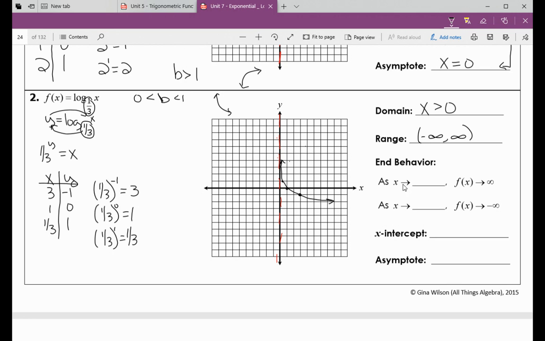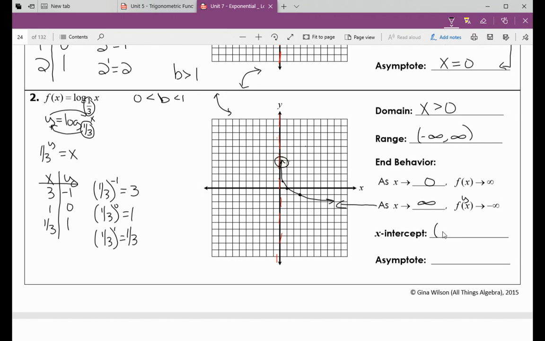As x approaches infinity, y approaches negative infinity. As x approaches 0, because we're talking about this arrow, that arrow is getting closer to that 0 line. As x approaches infinity, your y values are going down. So we're talking about this infinity arrow.